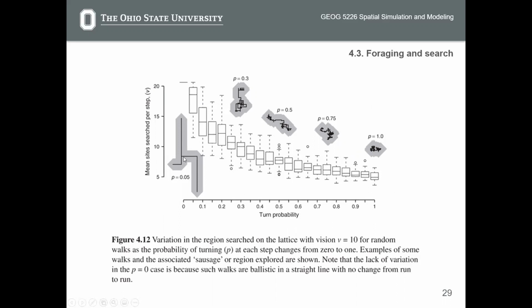So, foraging behavior: on the left side, we have searching with high efficiency. And on the right side, if you turn your direction frequently, your searching efficiency is low.